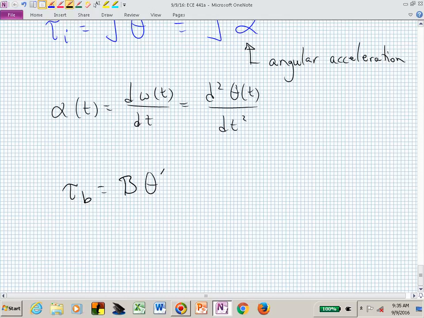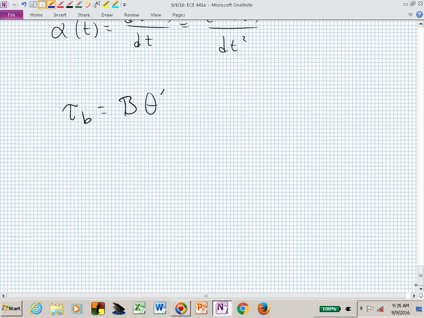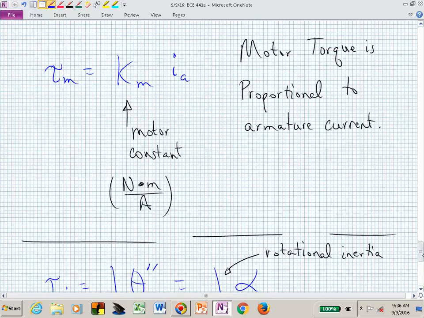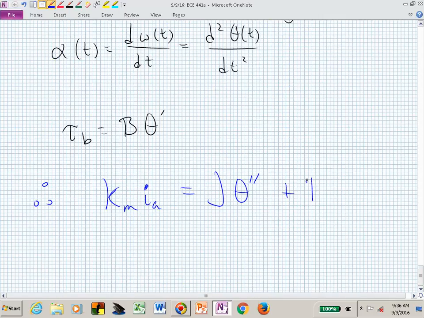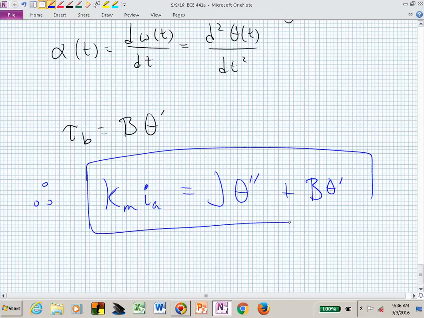Using those relationships now allows us to obtain our motor torque, which was k sub m I sub a, equaling our inertial torque, J theta double prime, plus the rotational damping torque, tau sub b, which is b theta prime.